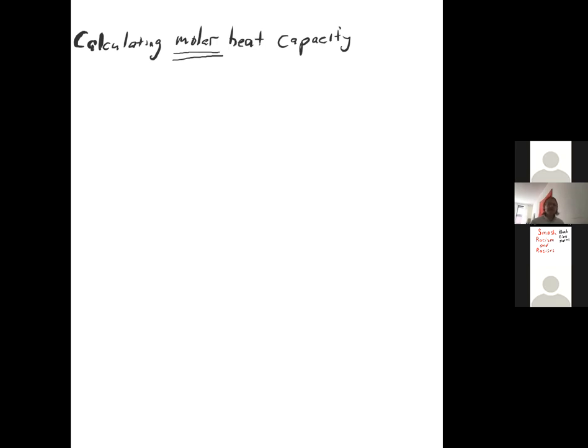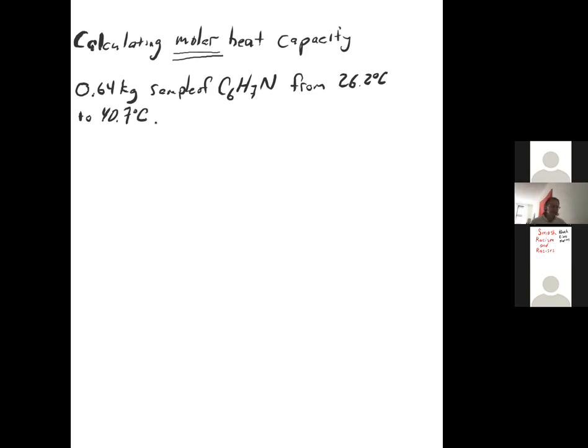So this one says that a chemist is carefully measuring the amount of heat needed to raise the temperature of a 0.64 kilogram sample of C6H7N from 26.2 degrees C to 40.7 degrees Celsius, right? And the experiment shows that 2.00 times 10 to the 4 joules of heat are needed.